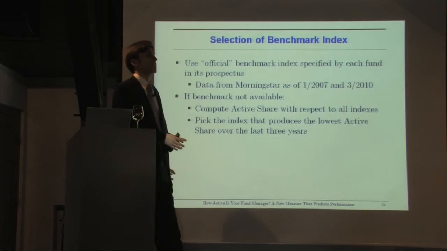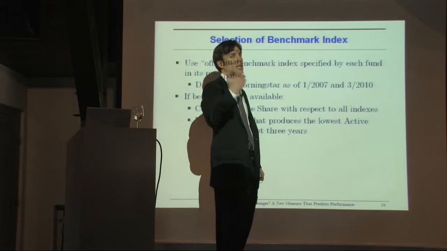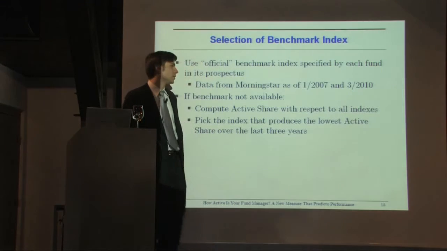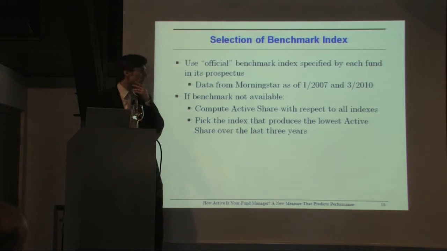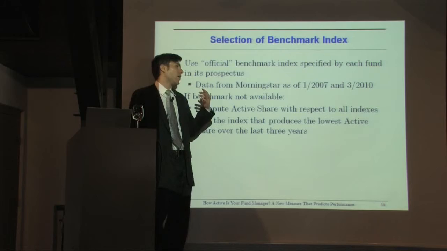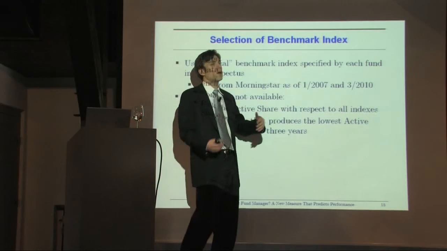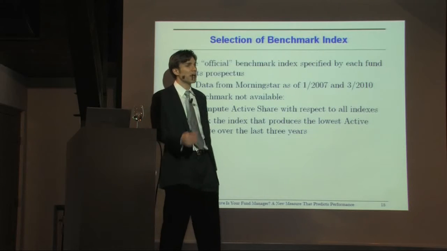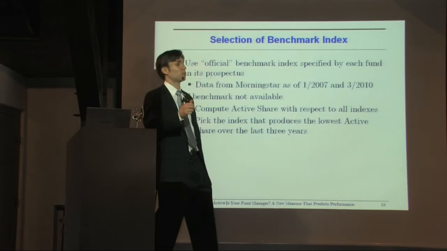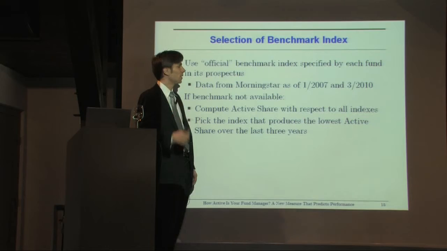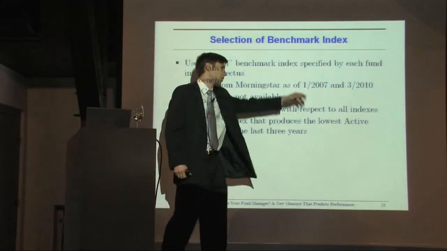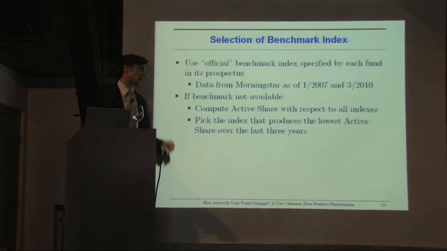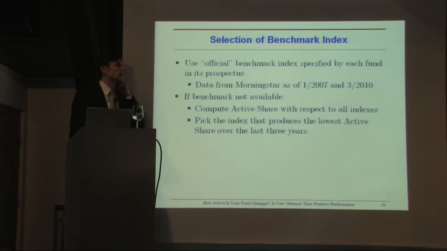So when we look at fund performance, how do we assign a benchmark index to a fund? Well, in the latest version, we actually have data on the self-reported benchmark indices of funds. This is based on the benchmark index that funds report in their prospectuses. We've got 2 snapshots in time, at the beginning of 2007 and at the beginning of this year.